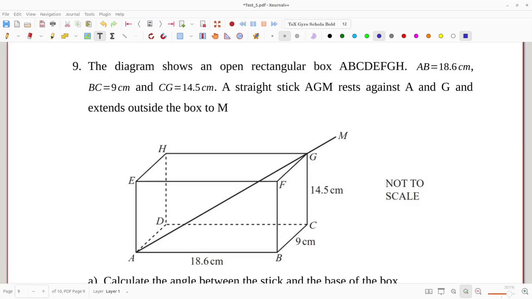If the triangle formed is not right angled, you will use the cosine formula or the sine rule. As simple as that.